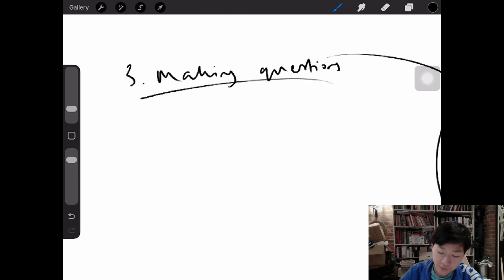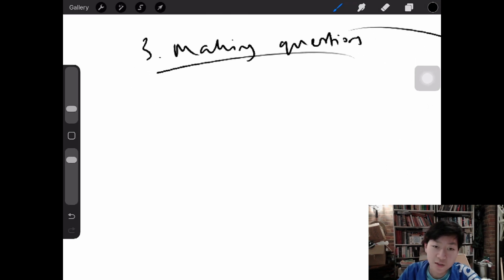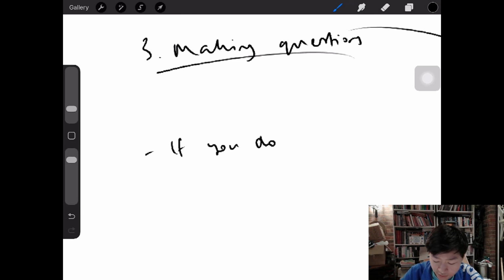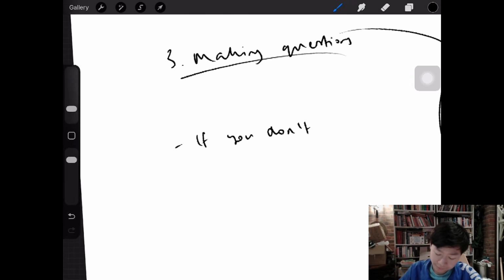But make questions that challenge you instead of just easy ones, because that's how you learn. So if you don't understand a topic, then go deeper into that topic, explore it, and find things you don't know about. Ask yourself and test, and then eventually you will be able to know it, and it will stick with you.